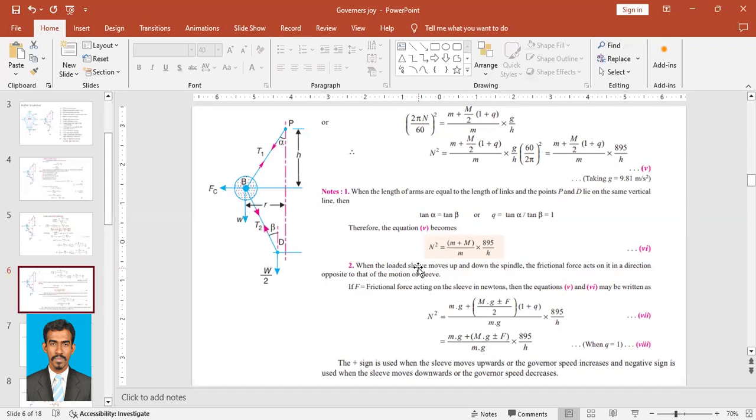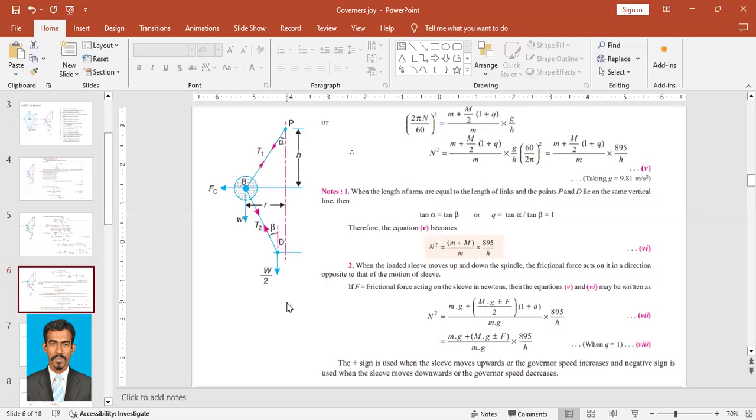When the loaded sleeve moves up and down the spindle, the frictional force acts on it in a direction opposite to that of the motion of the sleeve, if the question asks you to consider the frictional force also. If the sleeve is moving upward, the frictional force will be acting downwards.